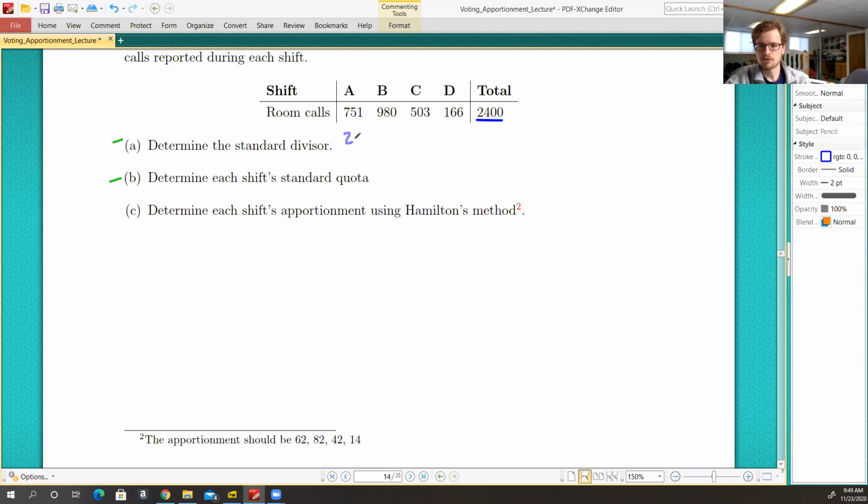So 2,400 room calls divided by 200 nurses gives us a standard divisor of 12. Excellent. Once we have that, we just need to determine each shift's standard quota. So this was part A.